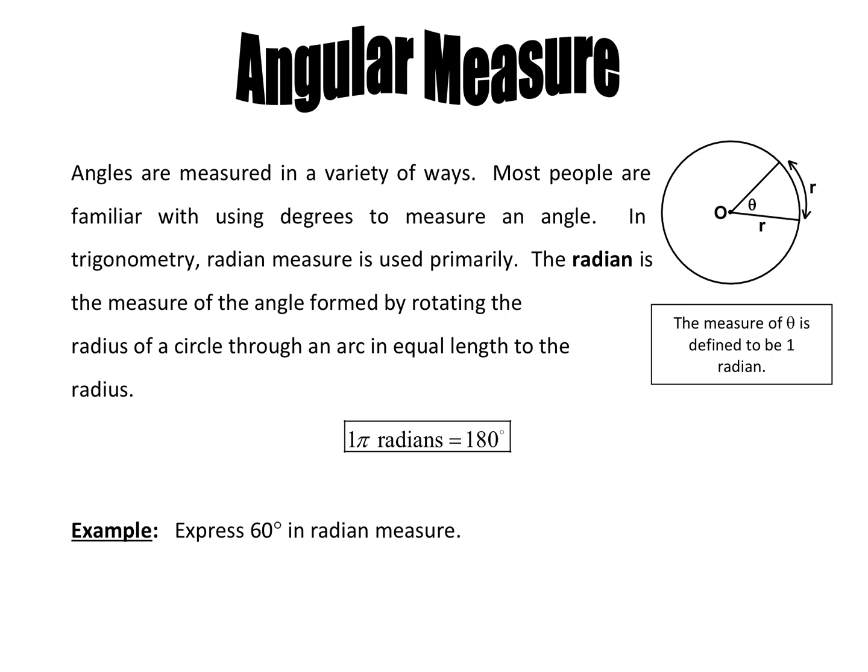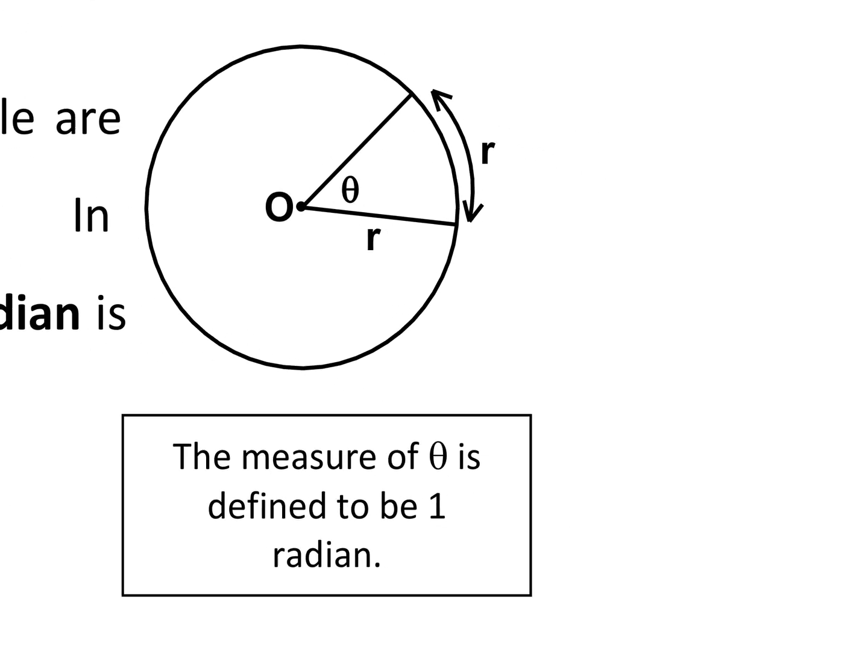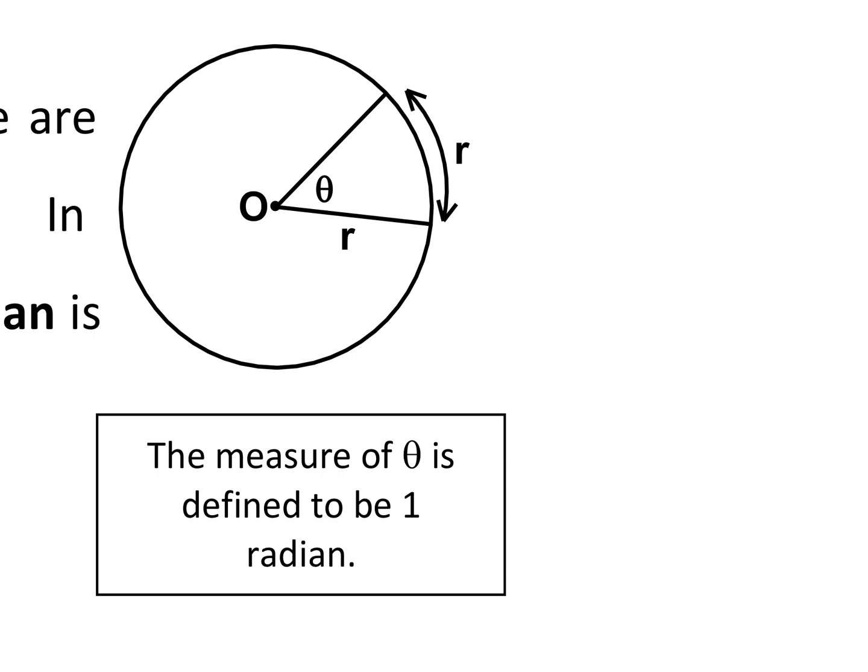The radian is the measure of the angle formed by rotating the radius of the circle through an arc equal in length to the radius. So if we have a circle, a part of the circle is called an arc.